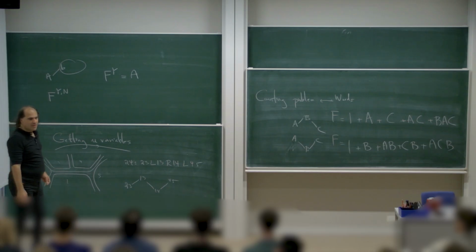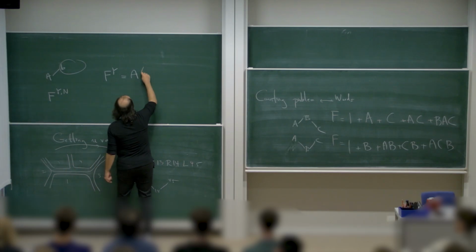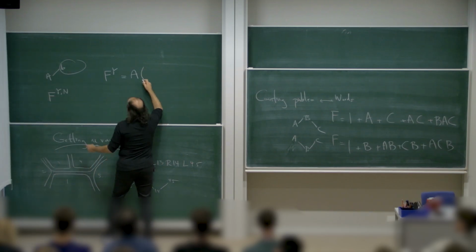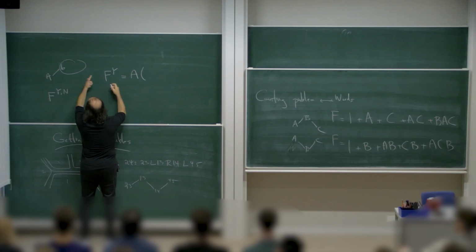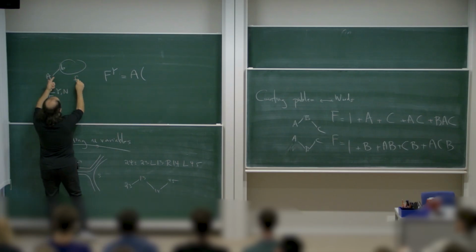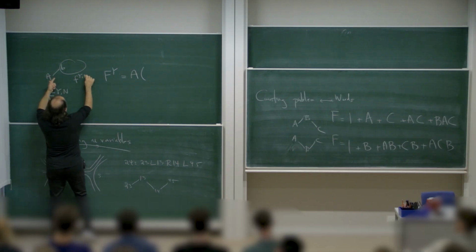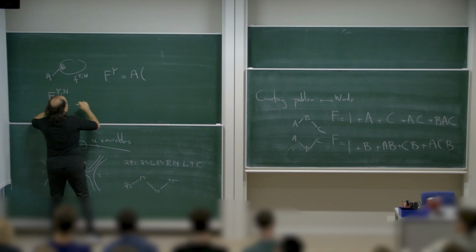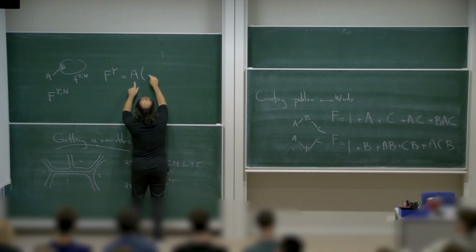Well, I can choose B or not choose B. It doesn't matter, right? So I'm going to call the rest of the word its own little f, with little f yes and little f no, where this yes or no refers to B. So this is A times little f yes plus little f no. It doesn't care either way.